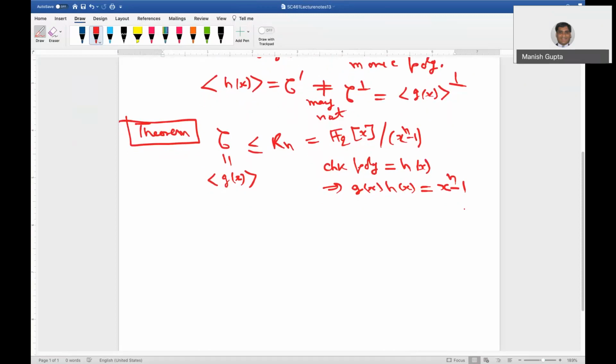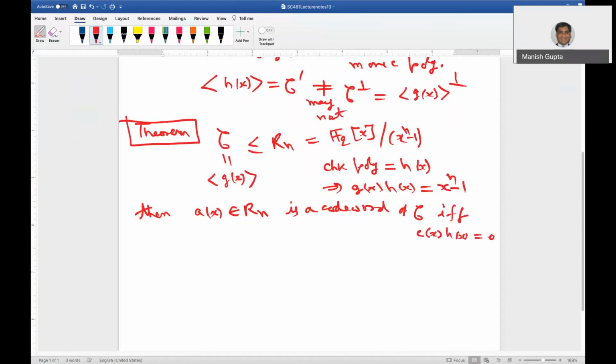Then we can say that if we take c(x) to be any element of Rn, any vector or any polynomial in the ring Rn, then c(x) is a code word of C if and only if c(x) into h(x) is 0.